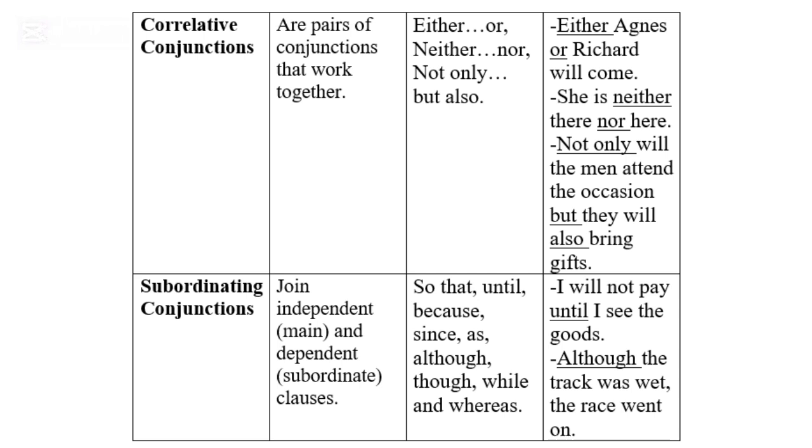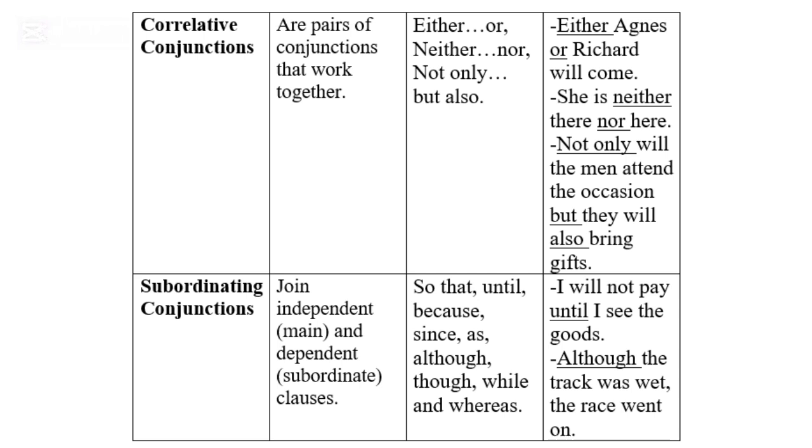So in these sentences, the correlative conjunctions are either, or, neither, nor, not only, but also. I'm sure you must have used these correlative conjunctions in your speeches and your writing.